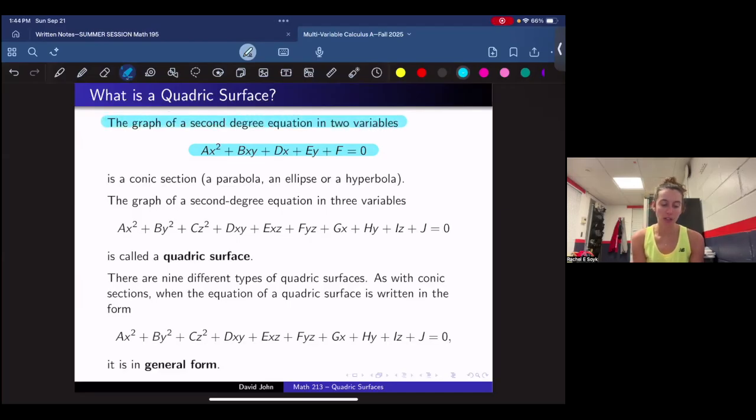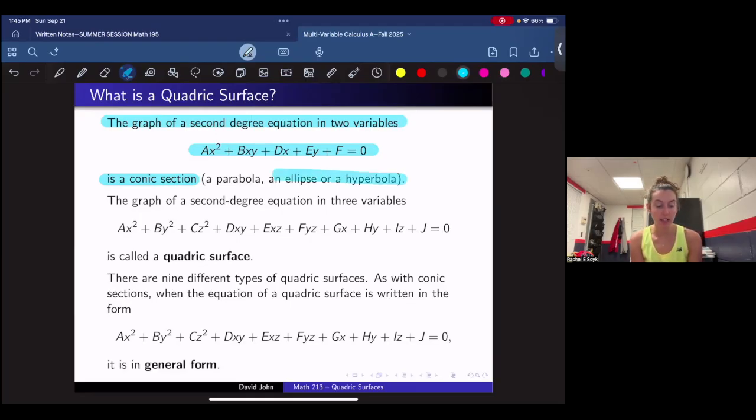How do we know it's a second degree? That highest degree is of degree 2. And this is a conic section. So whether we're talking about a parabola, an ellipse, or a hyperbola.